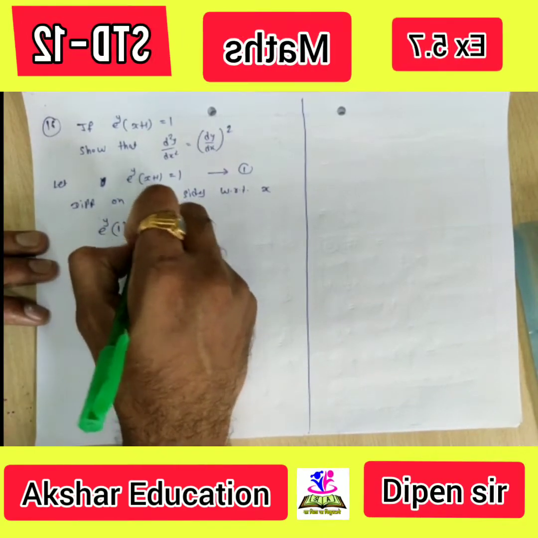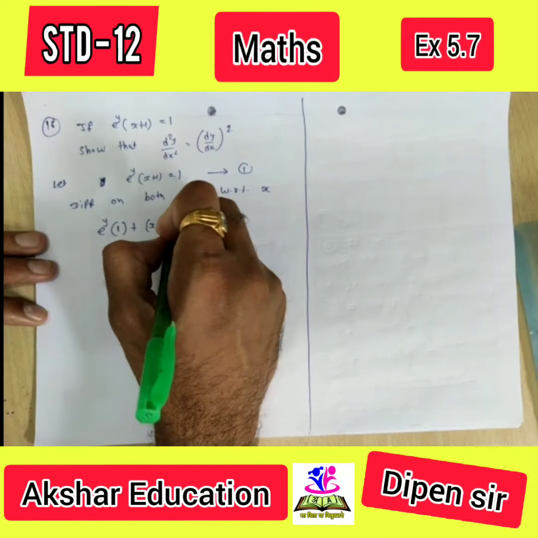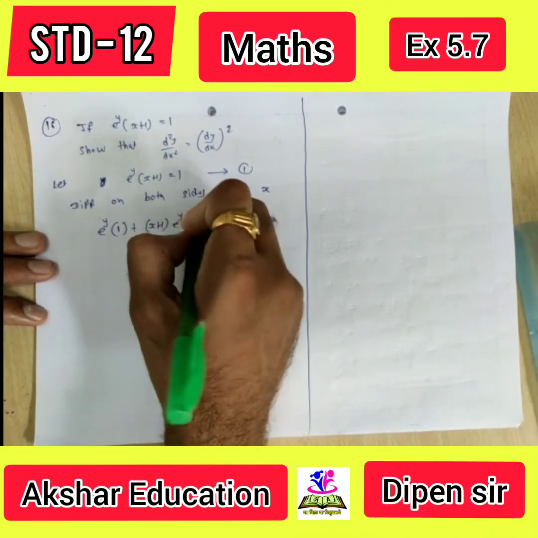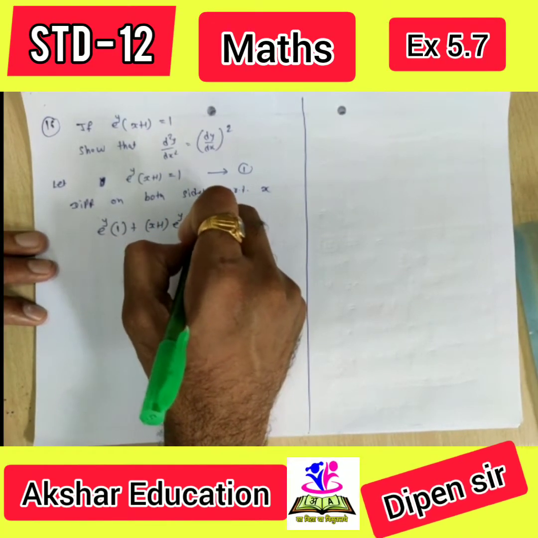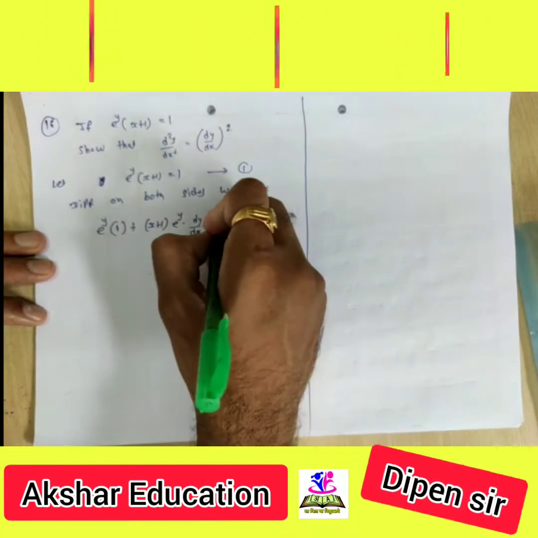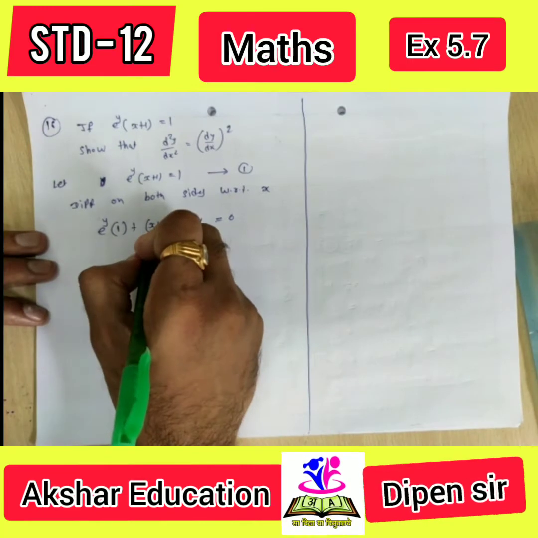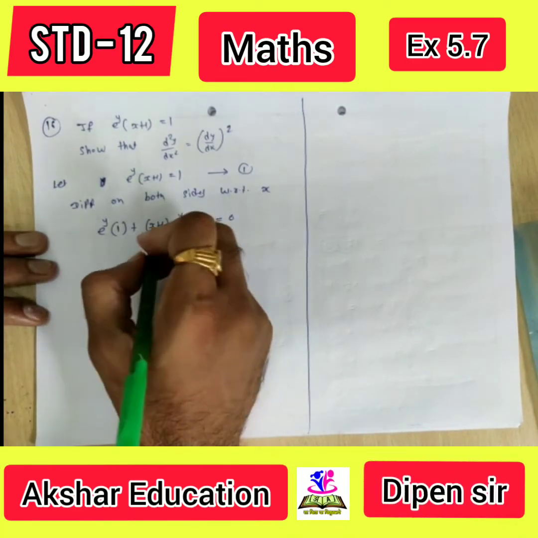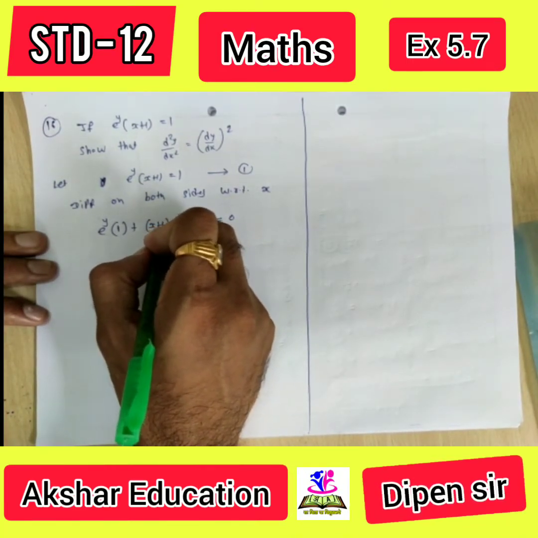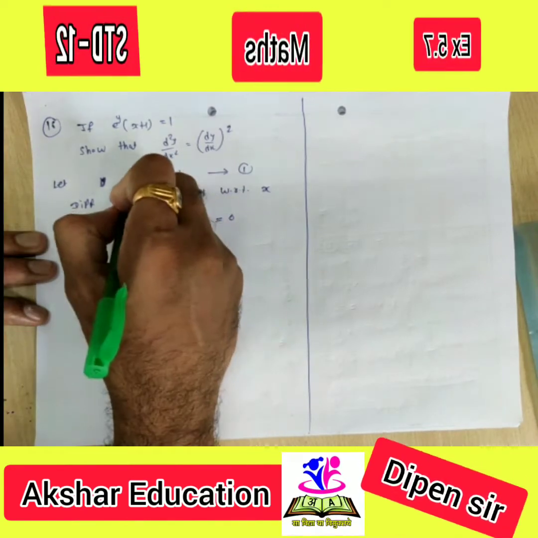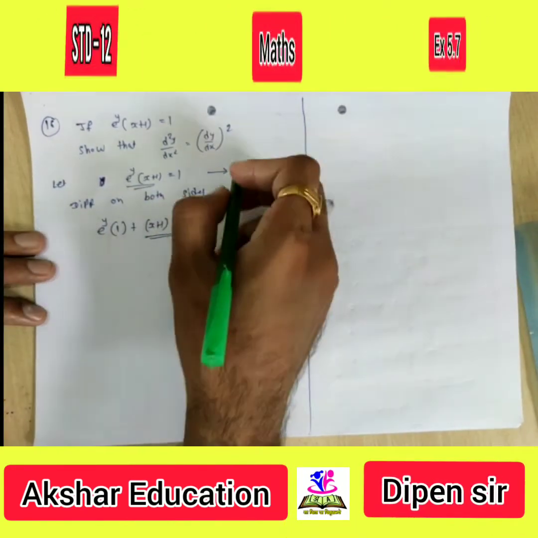It's a 1. Again, x plus 1 as it is, and the differentiation of e raised to y is e raised to y into dy by dx, equal to 0. Now students, you can see that (x plus 1) into e raised to y is nothing but the 1, from result 1.